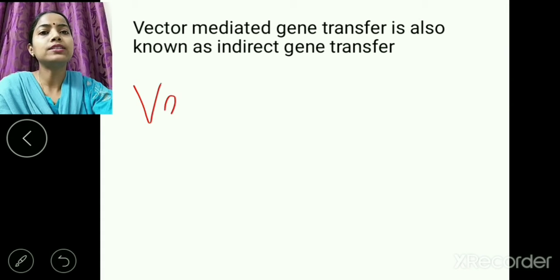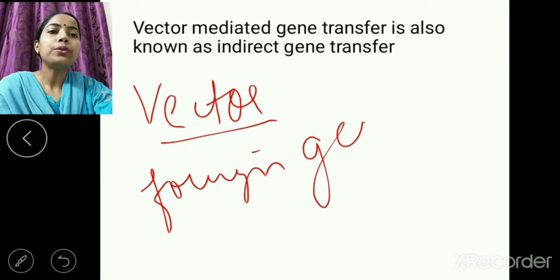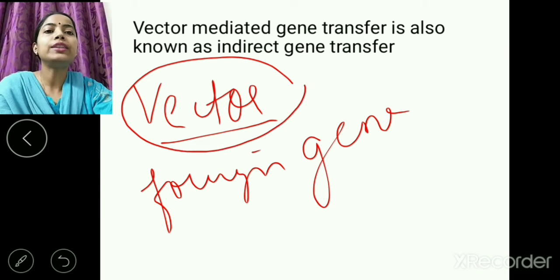With the help of these vectors we are going to transfer our foreign gene, or you can call it a desired gene, into plant cells, animal cells or microorganisms. So in any type of cells, if we are transferring our genetic material with the help of a vector, this method is referred to as indirect gene transfer method or vector mediated gene transfer method.